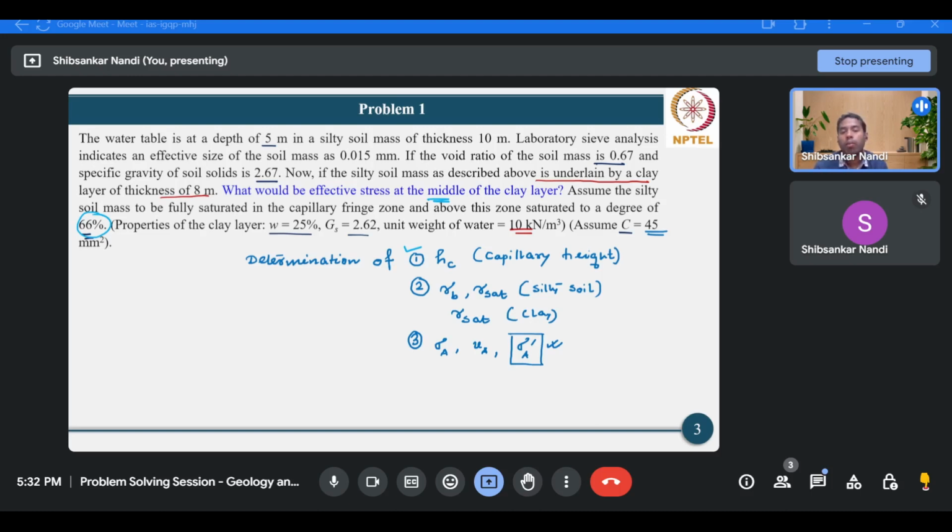And then we have calculated the total stress first at the middle of the clay layer, pore water pressure at the middle of the clay layer, and then we have subtracted the pore water pressure from the total stress, and thus we have got the effective stress at the middle of the clay layer. So I hope there should not be any problem or confusion up to this part. So if so, then we can move on to the next problem.